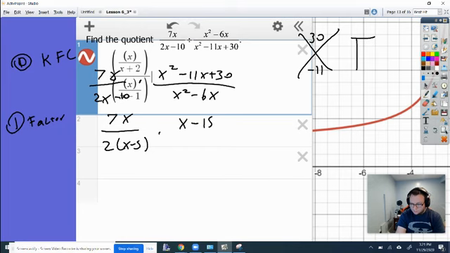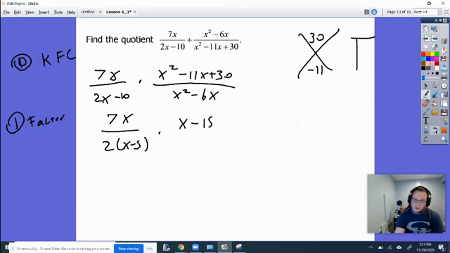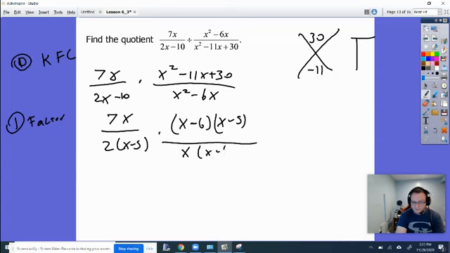Ooh, nope. Go back. What is it? Sorry. Undo. There we go. Sorry about that. So it's going to be x minus 5. Sorry, I needed to do an extra step there. And x minus 5 over, take an x out of this, GCF, x minus 6.